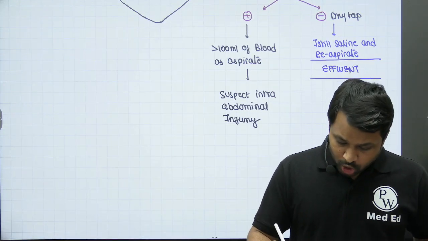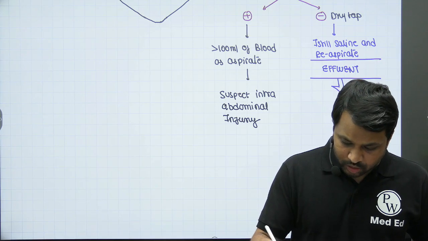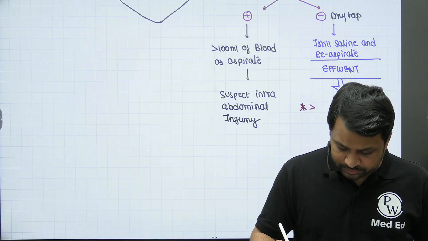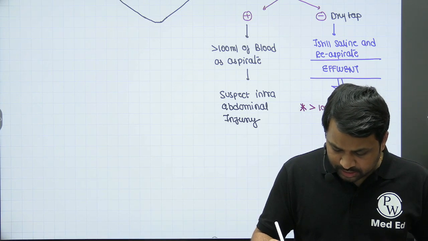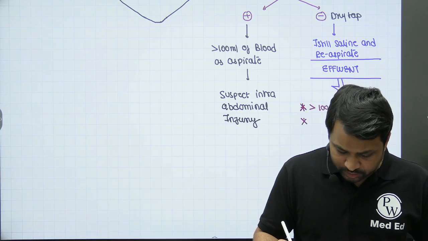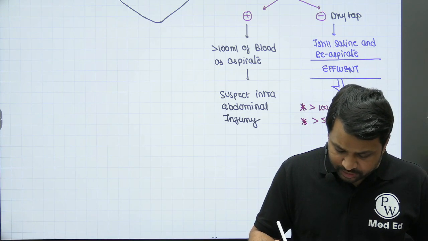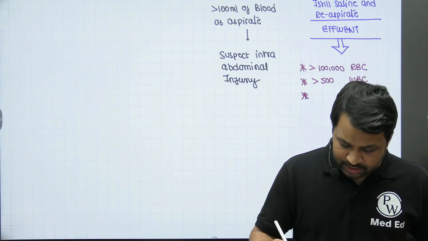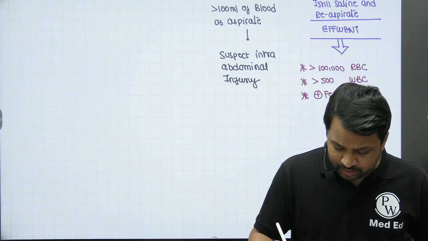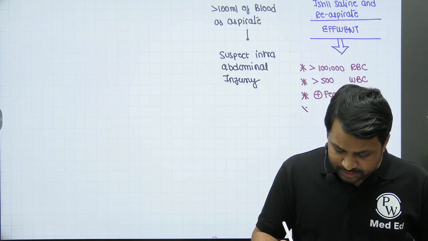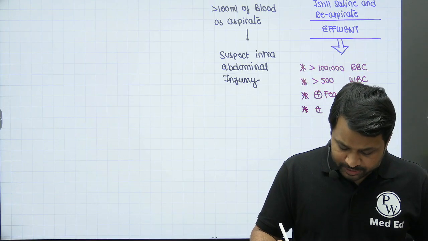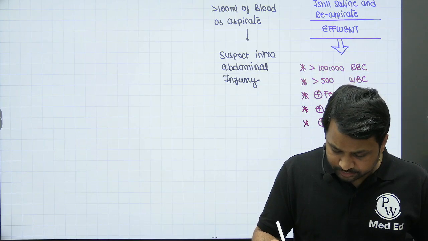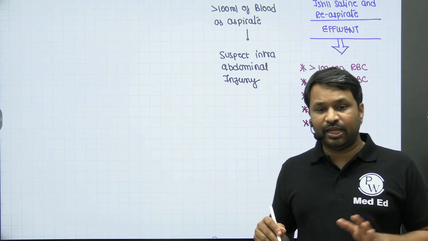On lab analysis, if there are more than 1 lakh, more than 100,000 RBCs present in the effluent, if there are more than 500 WBCs, if there is presence of fecal component, if there is presence of bile, or if there is presence of purulent collection, if any one of the following is present.